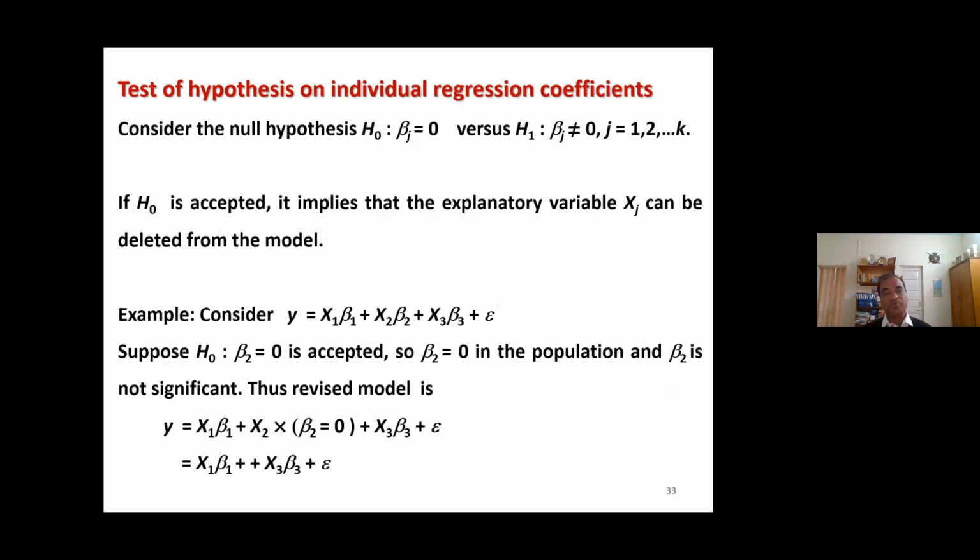For example, if you want to test your null hypothesis H naught: beta j equal to 0 versus H1, the alternative that beta j is not equal to 0. Beta j is the regression coefficient with the jth variable, and this is trying to measure the rate of change in the average value of y with a unit change in the value of xj.